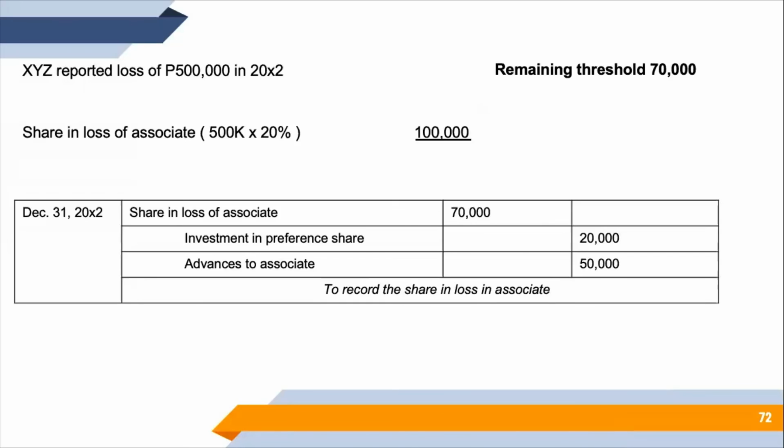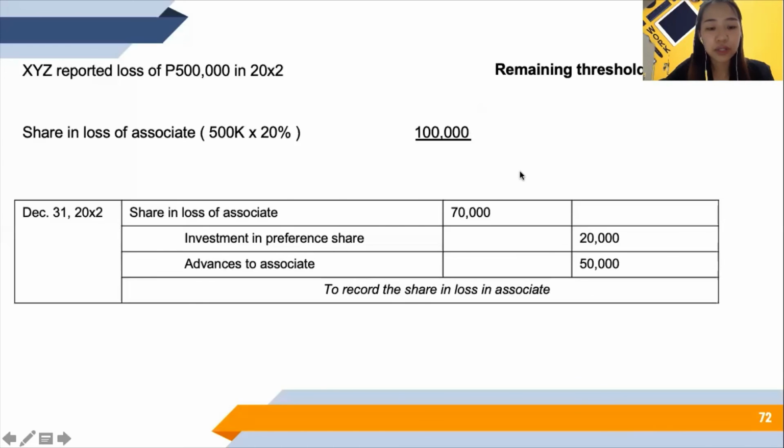And if the associate subsequently reports profit, i-recognize lang ni investor yung profit kapag yung share niya sa profit is nag-equal na yung amount sa kanyang losses not recognized. So yung entry to record the share in loss in December 31, 20X2: debit share in loss of associate na 70,000, credit investment in preference share na 20,000, credit advances to associate na 50,000.